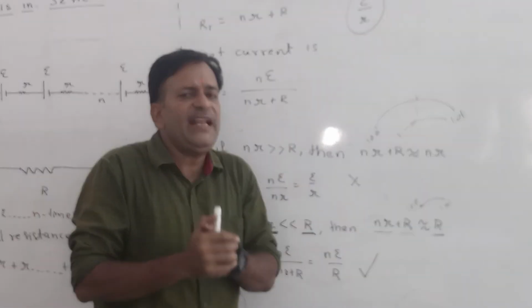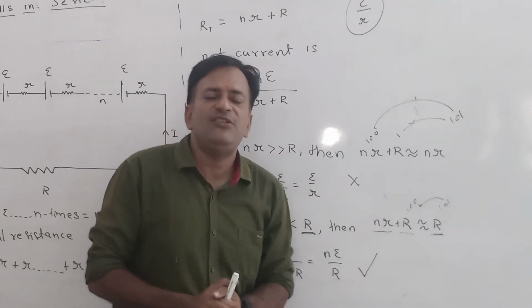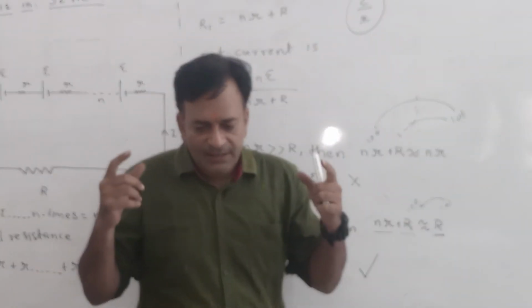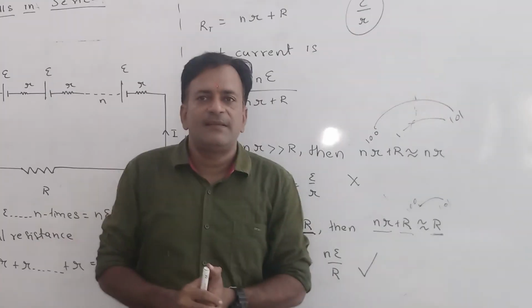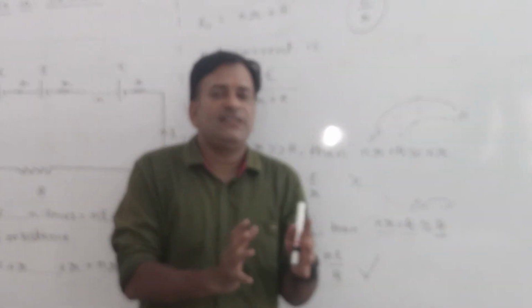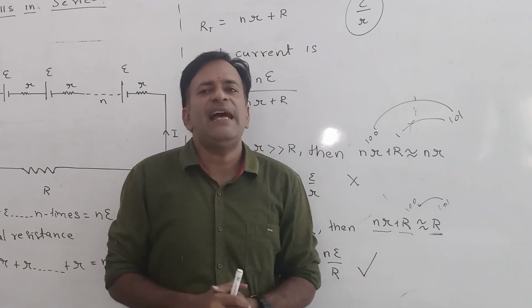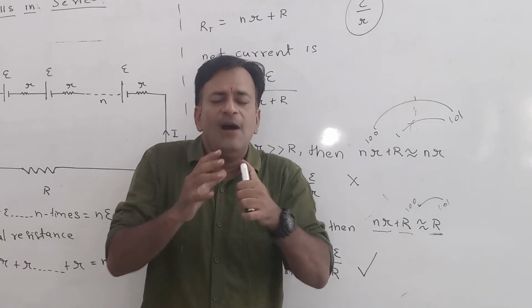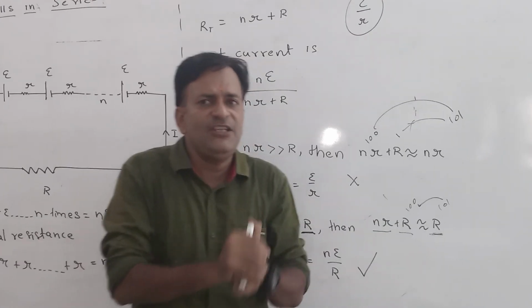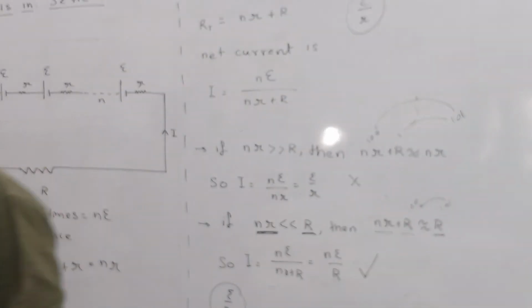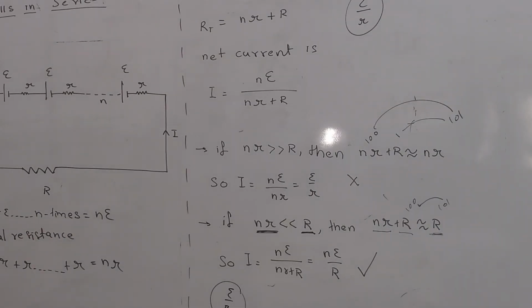So it is advisable that whenever you are changing the cells in any device, all the cells should be changed at one single time, and all the cells that are changed must be of the same company, the same make.